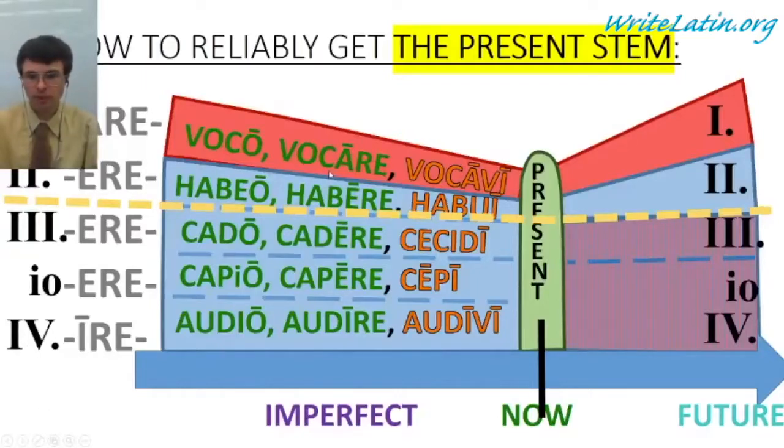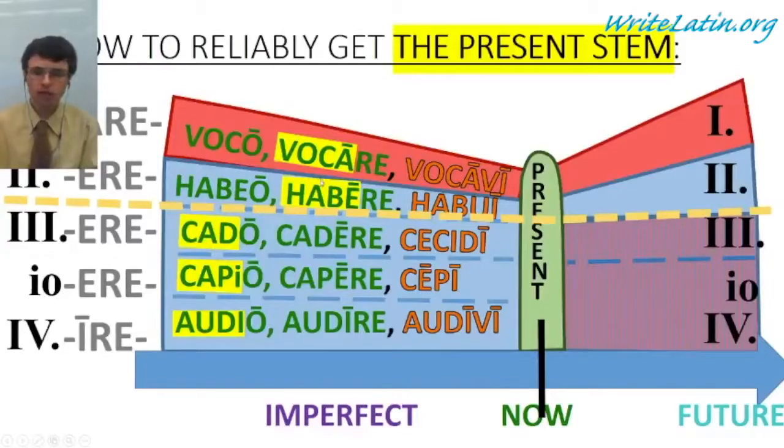I just call them A verbs, long A verbs, because the present stem ends in long A. Long E verbs, because the present stem ends in long E. Nothing verbs, because the present stem ends in no vowel at all. Short I verbs, and then long I verbs. Now, the I is not long here, but it is long over here in the second principal part. Okay, so this is the present stem.